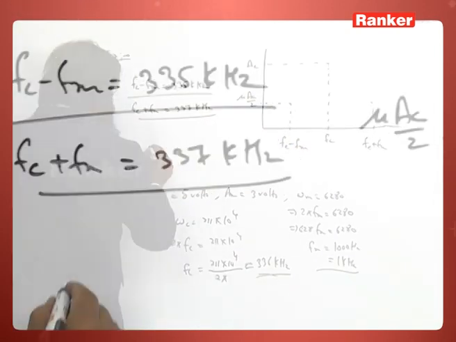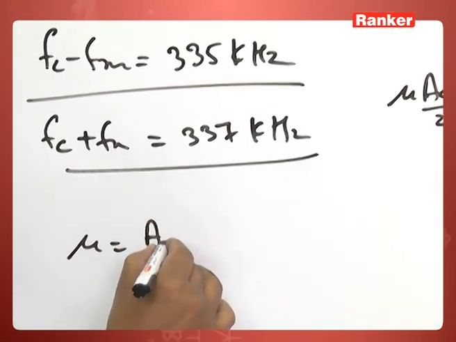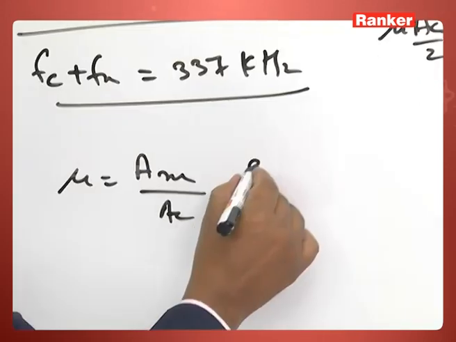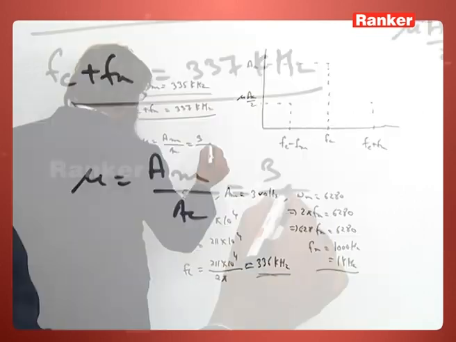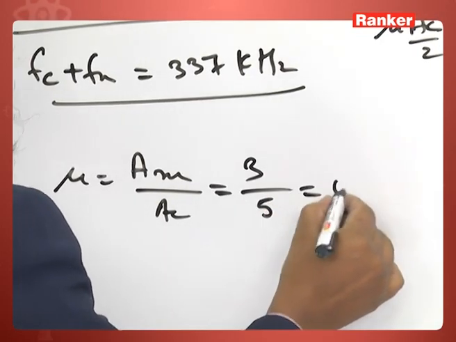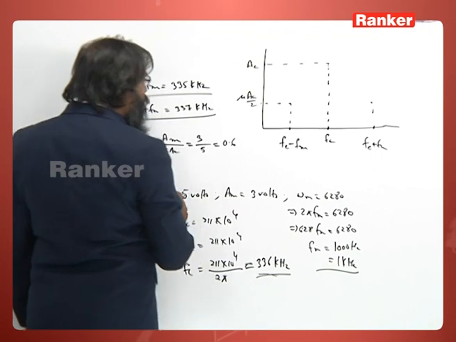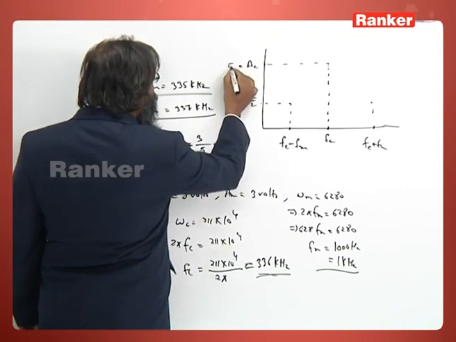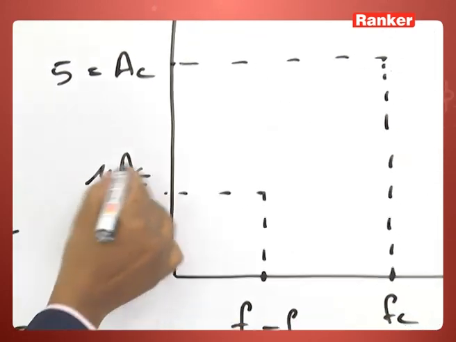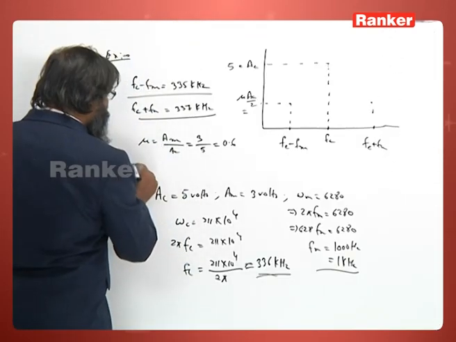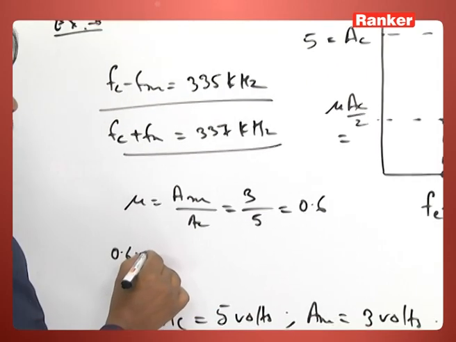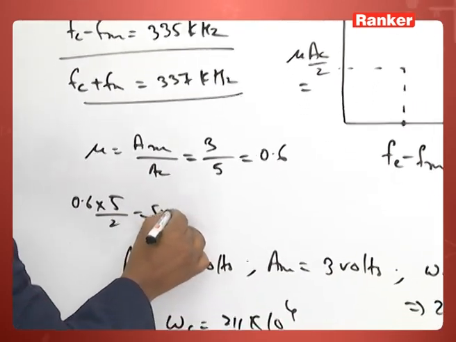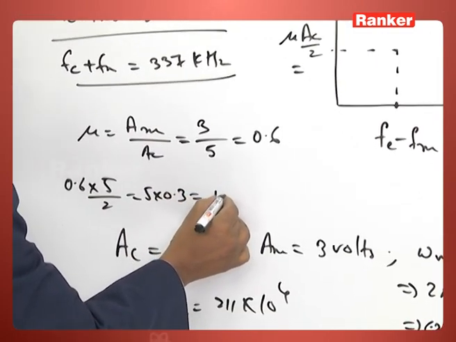Now mu is equal to Am by AC, which is 3 by 5, that is 0.6. AC is 5 volts, and mu times AC by 2 is 0.6 into 5 by 2, that is 5 into 0.3, which is 1.5 volts.